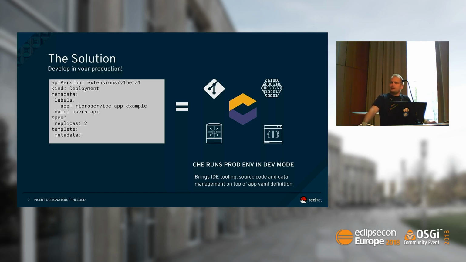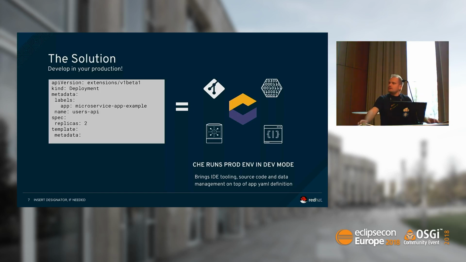This is my runtime application definition, and this is the tooling that I need in the IDE, and these are the sources. So Eclipse Che will start this environment and add tooling on top of it, add extra services, and add your source code in the IDE.